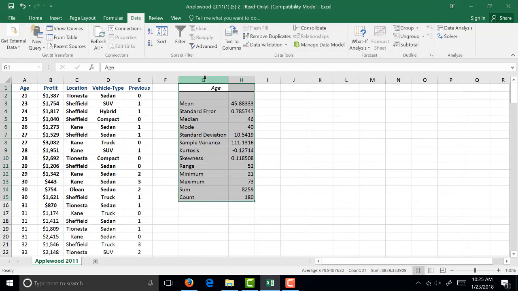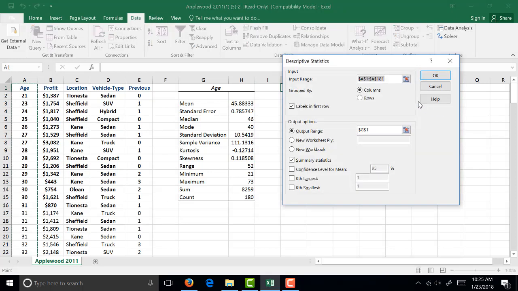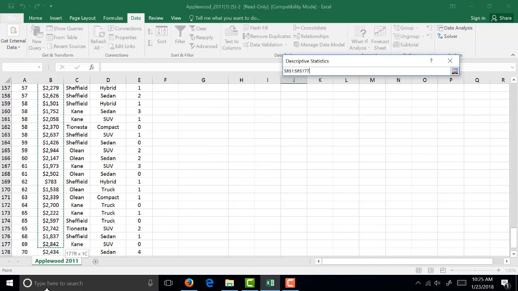So there's my information on my age. We already ran this one previously, so we have, once again, sample mean, sample median, sample mode, sample standard deviation, sample variance, and our sample range. Now I'm going to do the same thing, and I'm going to put it in J. So I'm going to run my data analysis, descriptive statistics. I'm going to change this to profits.